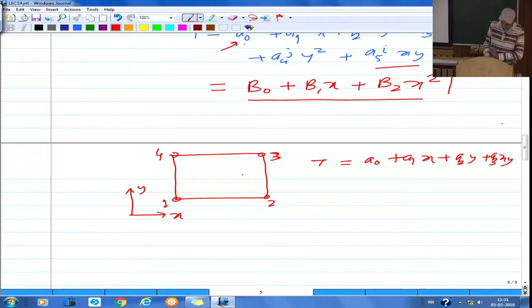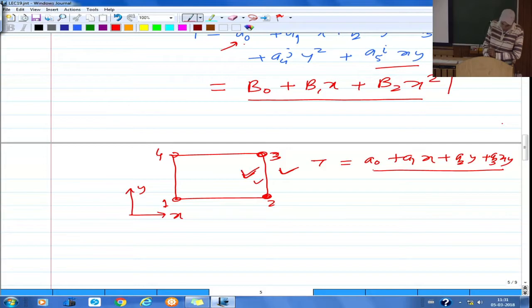Now I might have this one element, and adjacent to this there would be another element. We will already be enforcing that T is the same for all the elements connected to this node here. So at this point and this point, if I have an element on this side, the field variable values are the same. Now since this edge is parallel to y, x is constant, so in this expression, if you put x equal to constant, it would be linear in y.